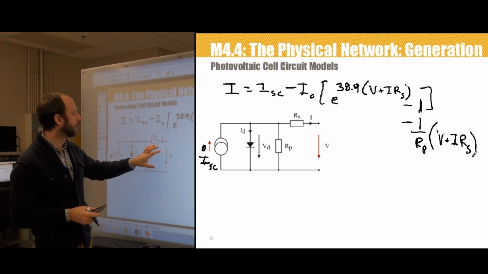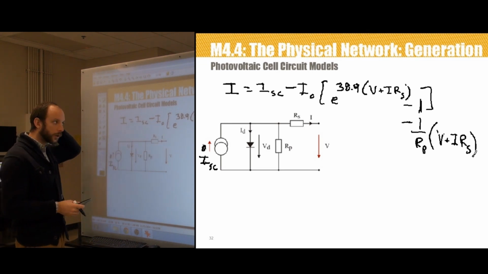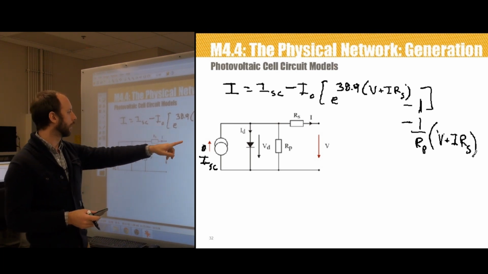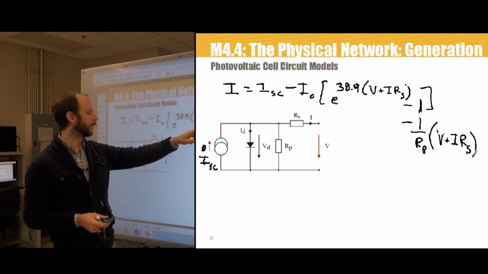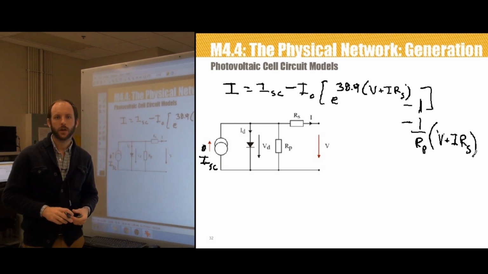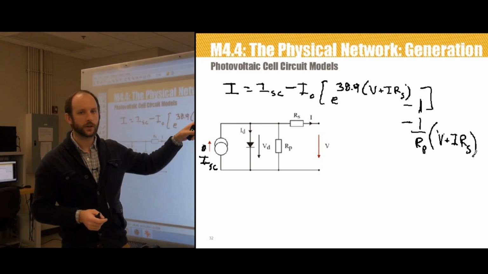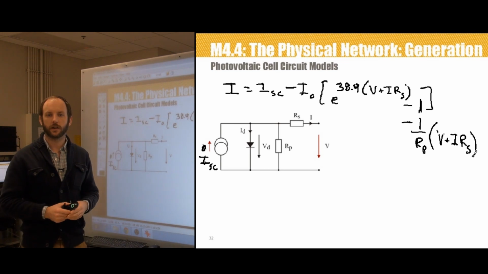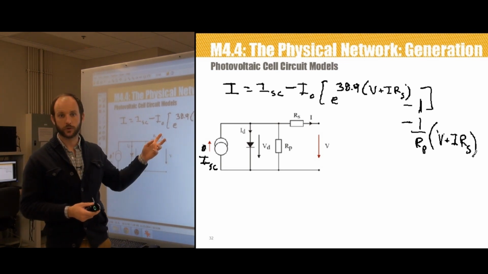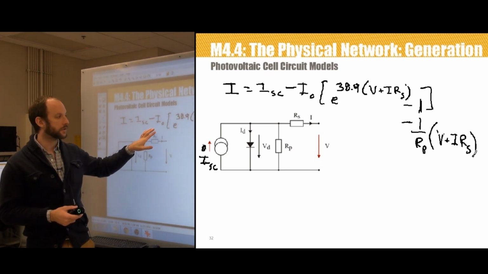So we've got the equation for current flowing to the load in terms of the short circuit current, the reverse saturation current, the output voltage, the series resistance, and the parallel resistance of the diode. Since the load current I here appears in both the left-hand side and the right-hand side of the equation, there's no explicit solution for either voltage or current, and you have to use numerical iteration techniques to solve this circuit model.